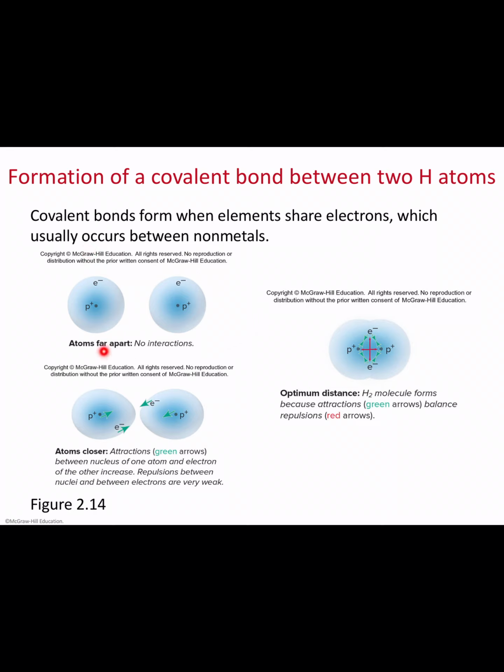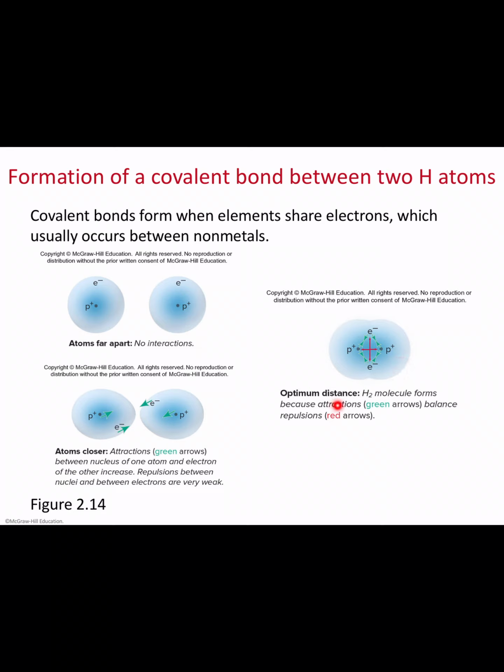So this is two hydrogen atoms, each hydrogen carrying one proton, one electron. And then they come close to each other. As they come close to each other, the proton in one nucleus is attracted to the electron in the other nucleus, and the same thing happens between the other two. And when they come to optimum distance, they form the bond.